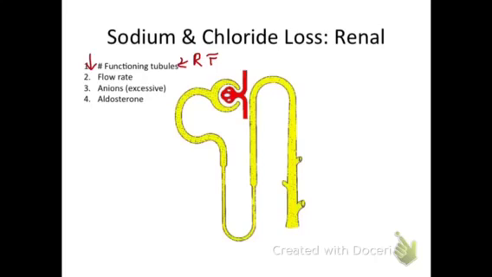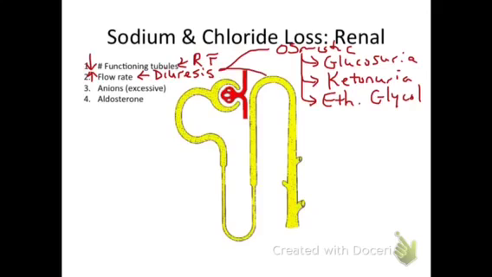The flow rate is increased with causes of diuresis. Osmotic diuresis may occur with glucosuria, ketonuria, or the excretion of ethylene glycol metabolites. Or diuresis may occur with any other cause for diuresis.